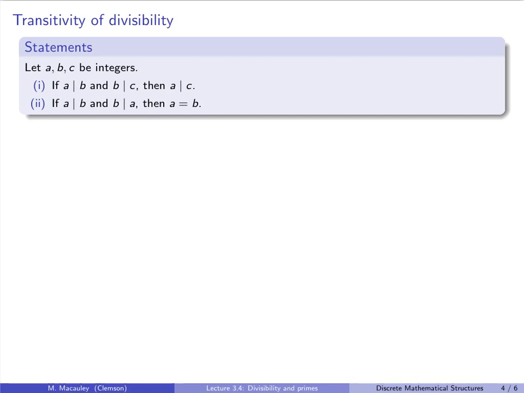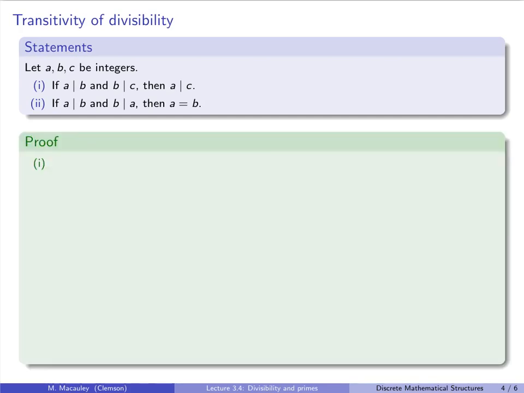Seems reasonable. Let's check the second. The second says if a divides b and b divides a, then a equals b. So which one of these is true and which one is false? Pause the video if you want to try to figure it out, because I'm about to tell you. Okay, you got it? The first one I'm going to prove. In other words, that's true. Did you get it right?